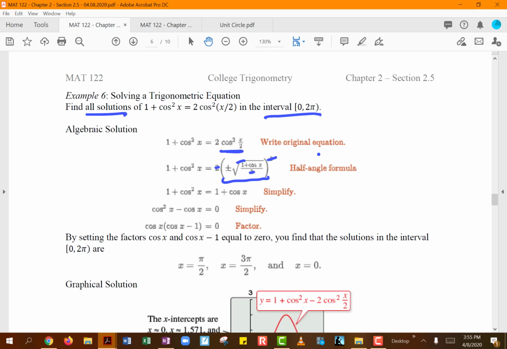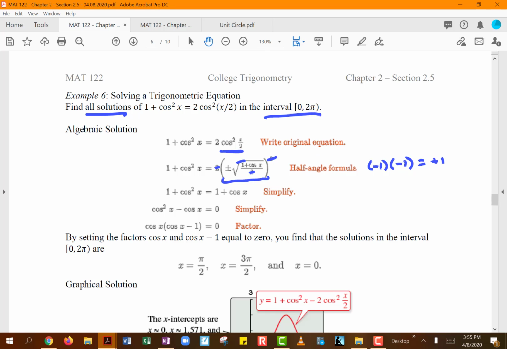Now that square also got rid of the negative sign here, because negative times negative ends up getting positive, right? So that's where those plus and minus signs disappear.